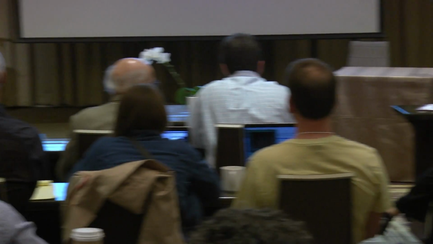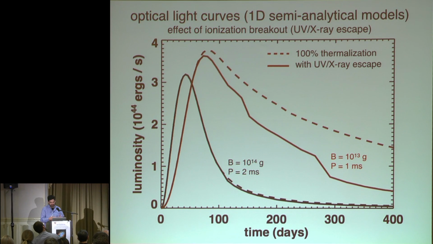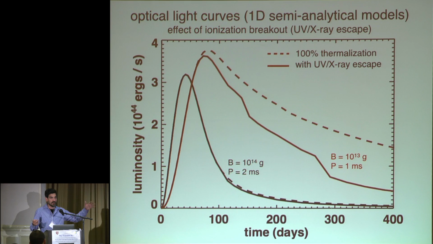Well, that's what I was kind of getting at here. The idea is that the energy from the magnetar in that wind nebula is basically coming out across the electromagnetic spectrum. And for certain parameters or for certain early times, all of that magnetar energy can get absorbed, thermalized and re-radiated in the optical.